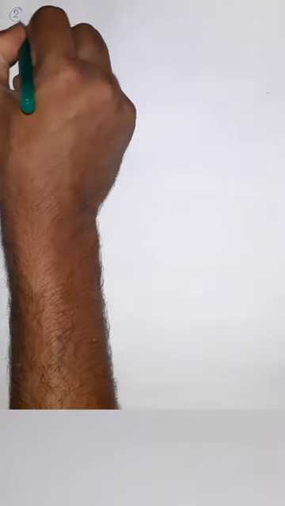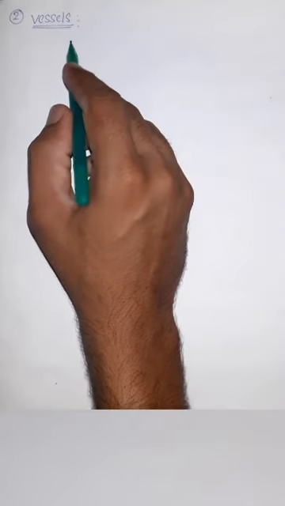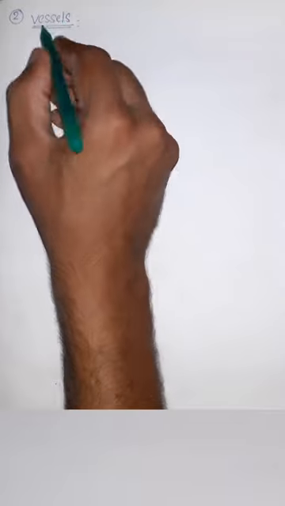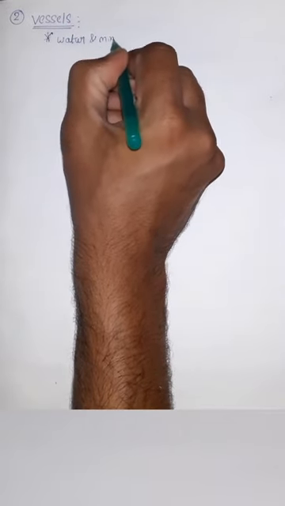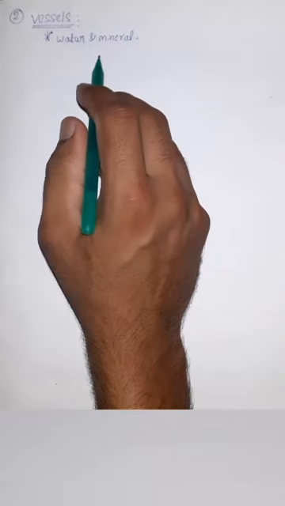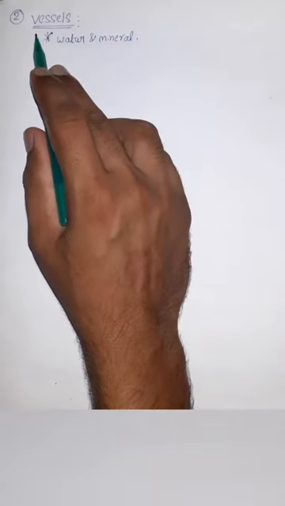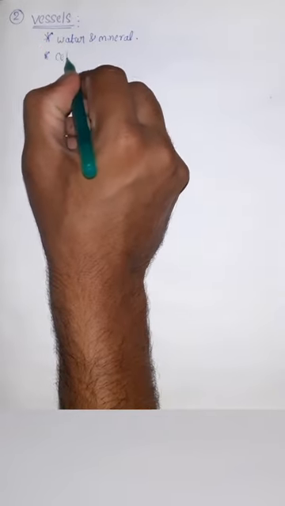Next, vessels. Vessels are also useful for water and mineral transportation only, but the difference between tracheids and vessels is cell shape.